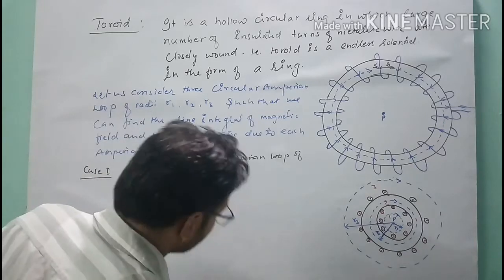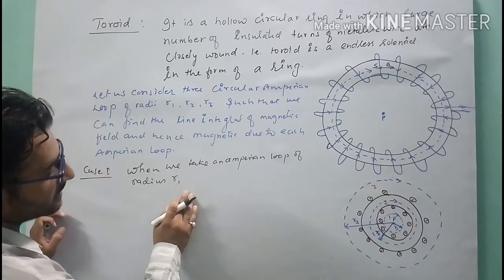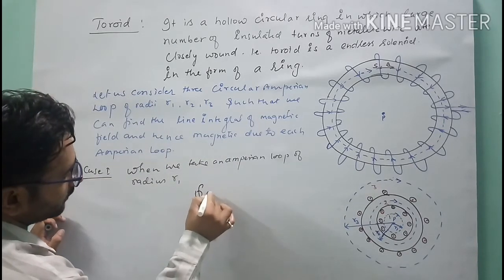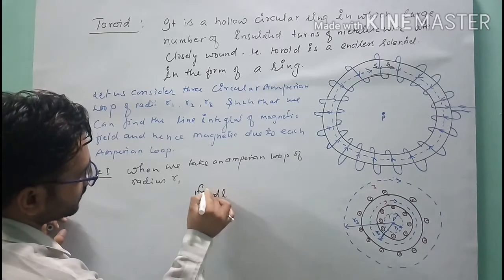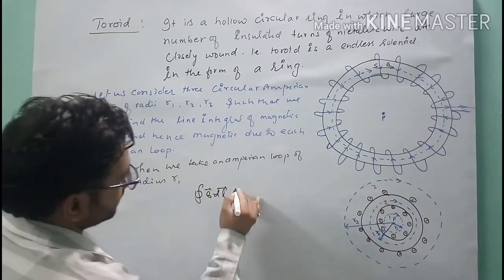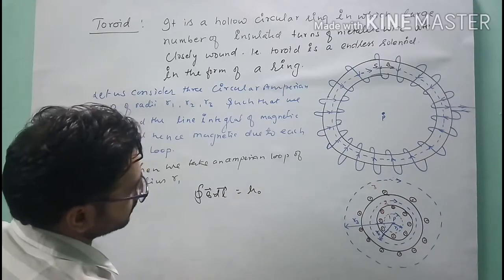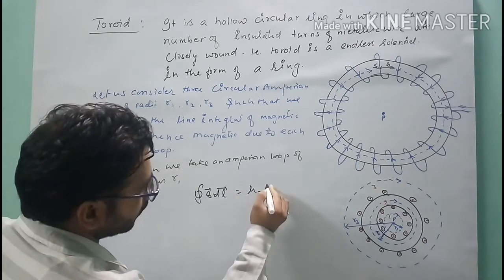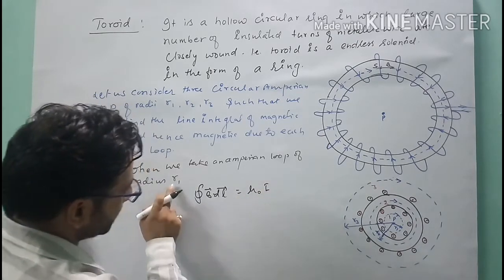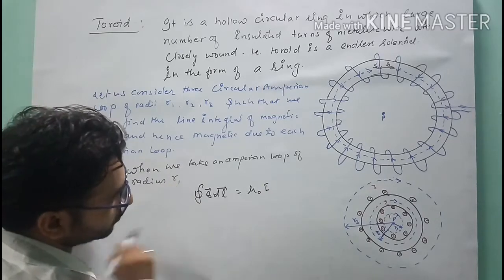So dear student, for this condition you can see, if you use the Ampere circular law, the line integral of B·dl is equal to mu naught times the I which passes through this r1 loop.